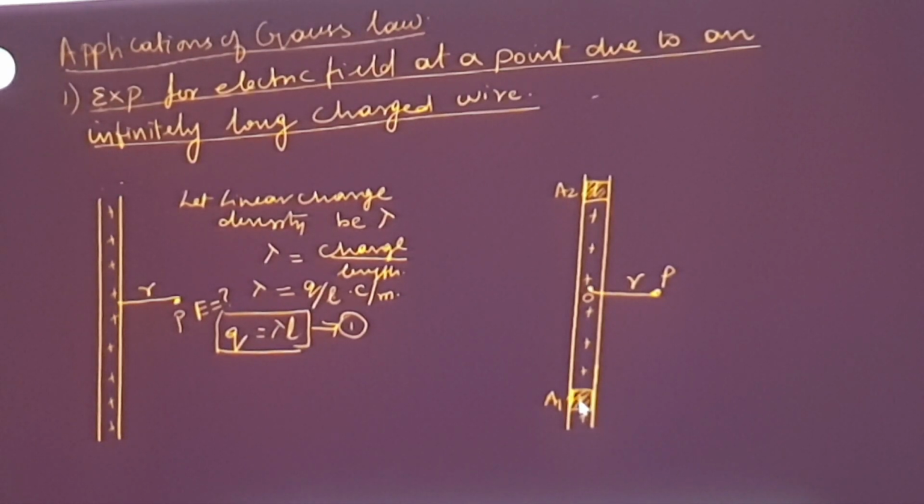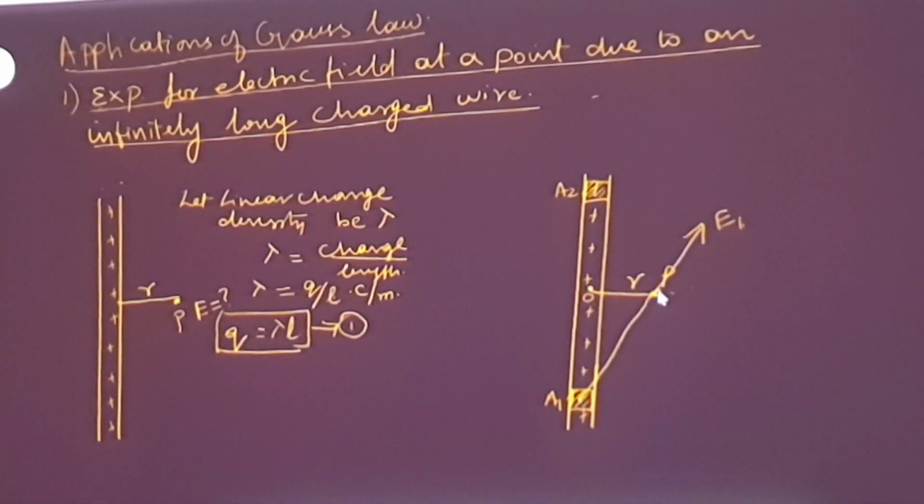When you are considering this charge element A1, then from P, if you are joining this charge element A1, the electrical field at this point due to this charge element, since this is a positive charge, will be acting away from that charge, perpendicular to the wire. Let us take it as E1.